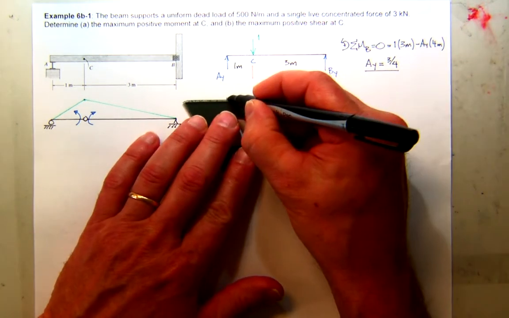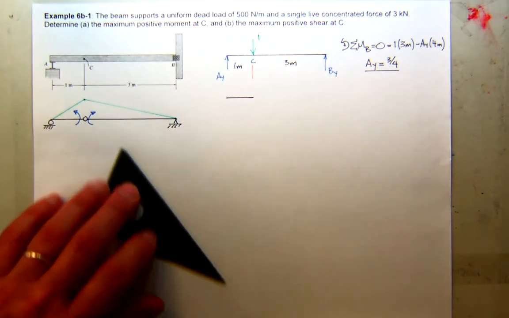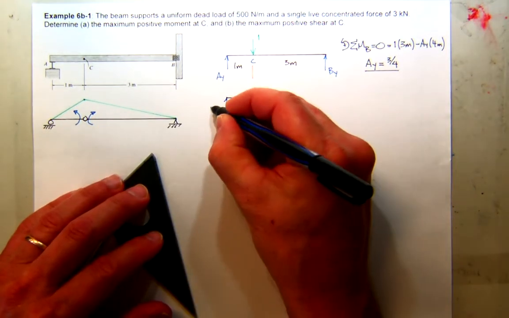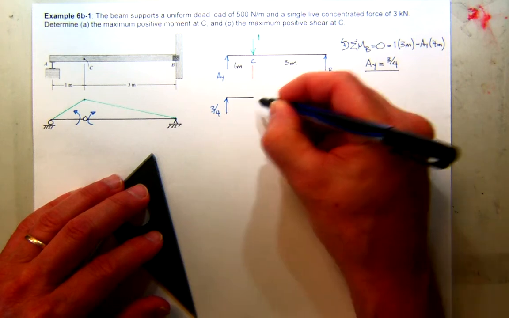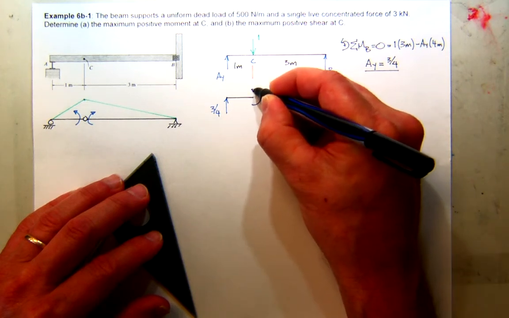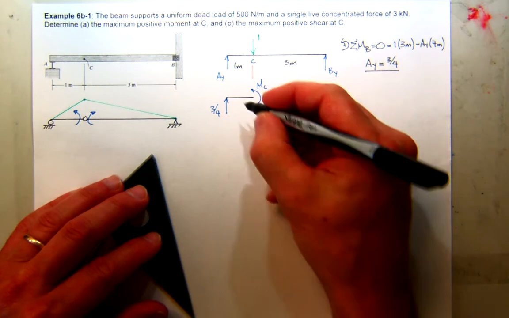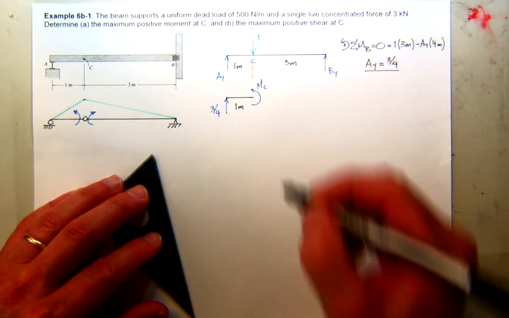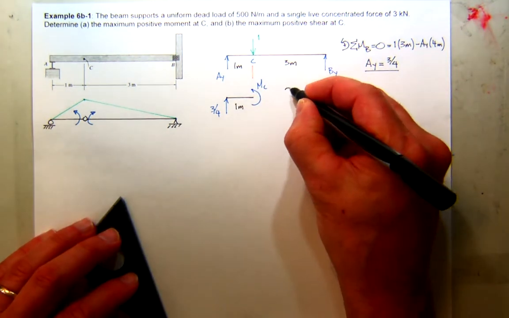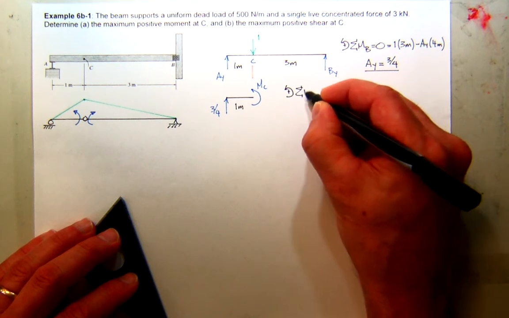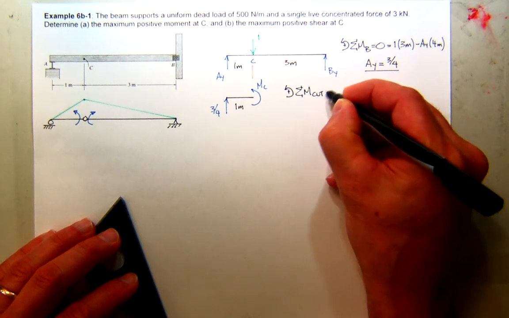So then I can cut the structure at C, put my AY reaction on, which is 3/4, and I'm looking at the internal moment there, the moment at C. That little section from A to C is just 1 meter long. So now I can sum moments one more time, but this time at the cut that I made, the section.